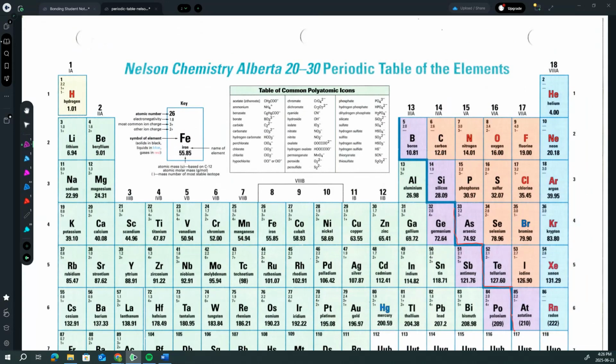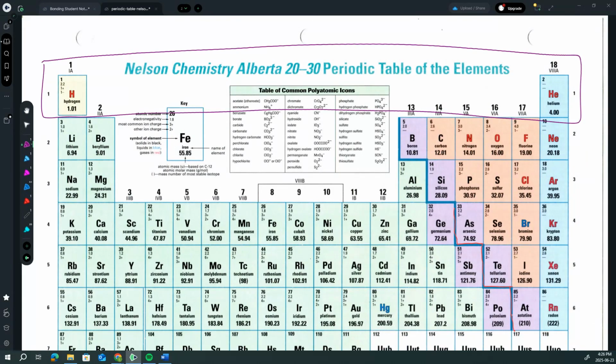If we look at the first row of the periodic table, each row is called a period. If we look at the first period, we notice that there are 2 elements in the first period.